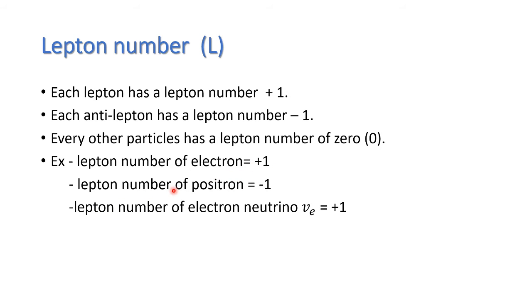The lepton number of the positron is -1, as it is an antilepton, the antiparticle of the lepton. The lepton number of the electron neutrino is also +1. Don't confuse this with charge. The electron neutrino has a charge of 0, but it has a lepton number of +1.